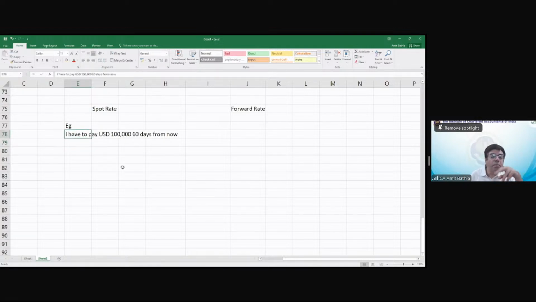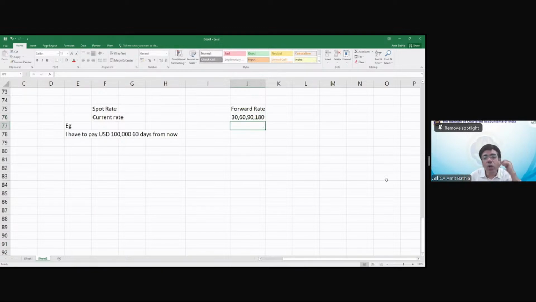Can I buy this currency today in the spot market, or should I arrange for this currency 60 days from now at a certain forward rate? Spot rate is nothing but the current rate, while forward rate is expressed as a rate applicable in future, where 30 days, 60 days, 90 days, or 180 days quotations are available to you, right?